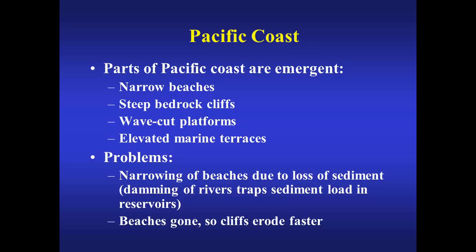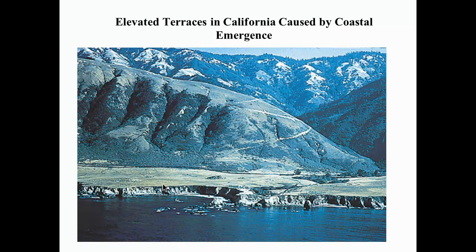And once the beaches disappear, the cliffs behind the beaches will erode even faster, because then the waves are hitting directly against the cliffs, accelerating the rate of erosion at that particular point.